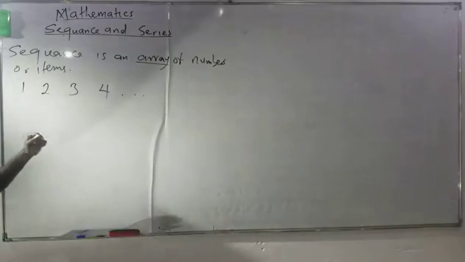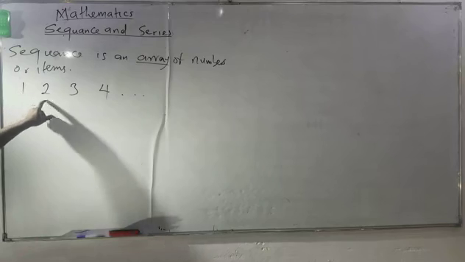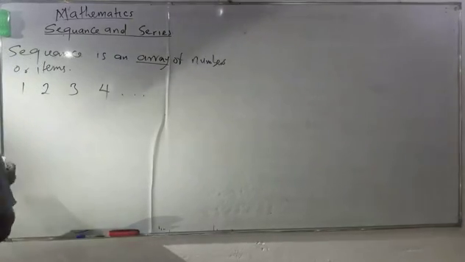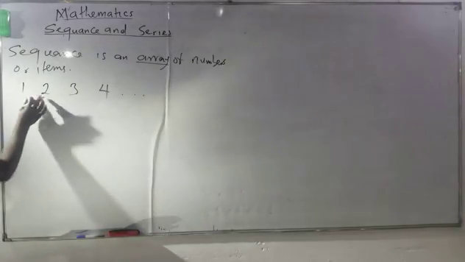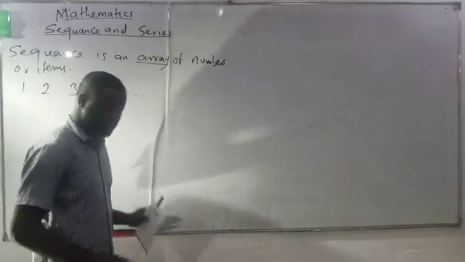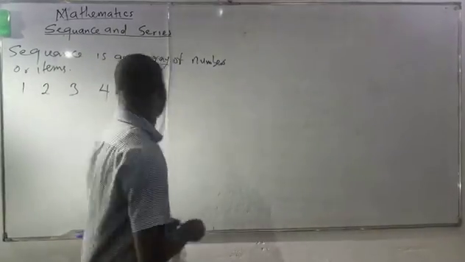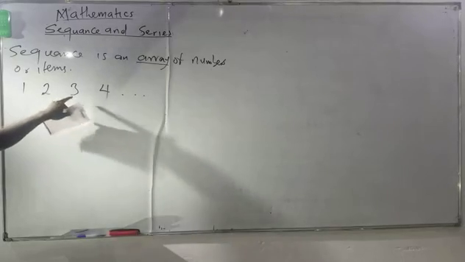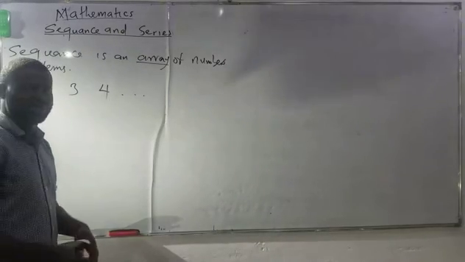It has a pattern. The pattern is 1, 2, 3, 4. There are common steps between them, and the step is 1. When you add 1 to 1, you have 2. Add 1 to 2, you have 3. That is the pattern. Do you get me right?